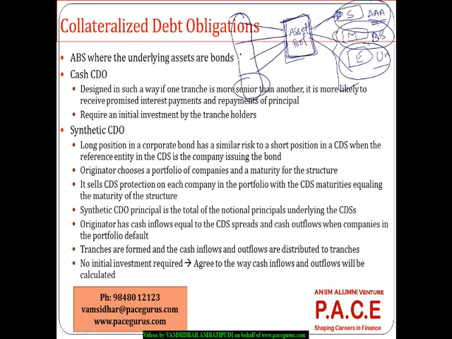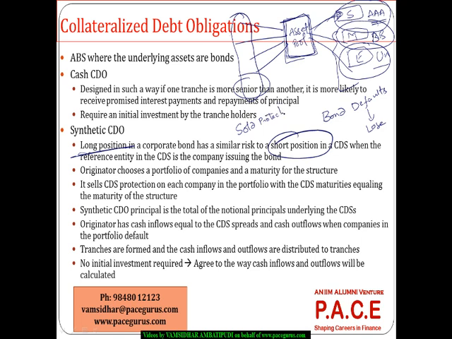Look at it, I purchased a bond. I have taken a long position in a bond. So what is the risk? I have purchased a bond, which means if the bond defaults, I am losing money. Now, I am saying that is equivalent to a short position in a CDS. I have sold the protection.